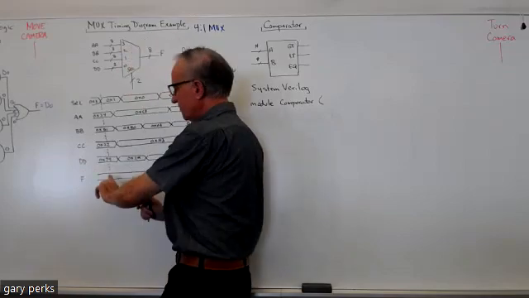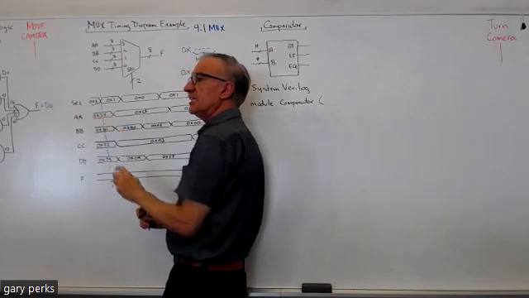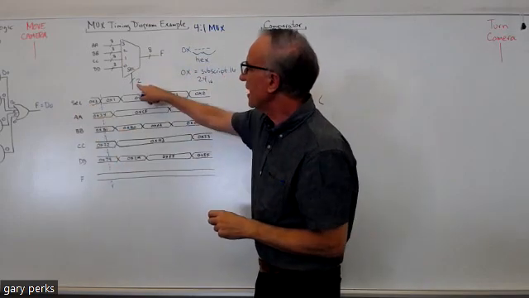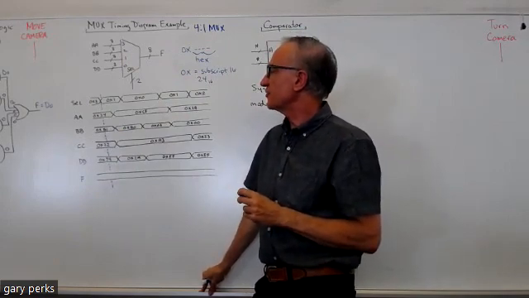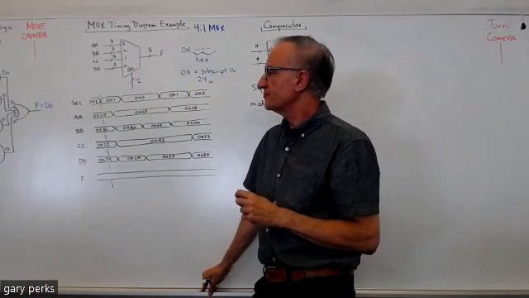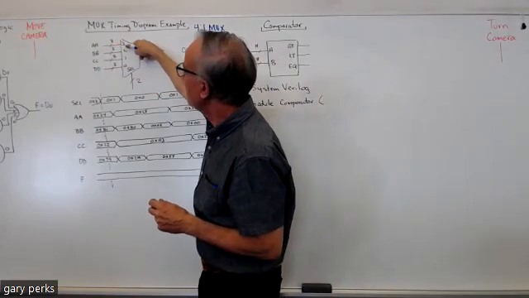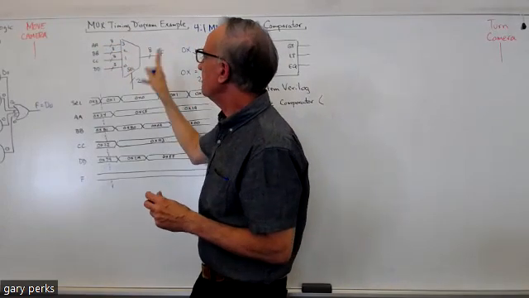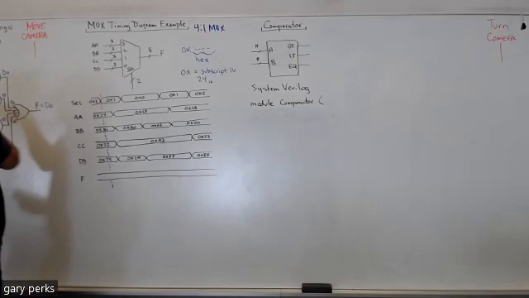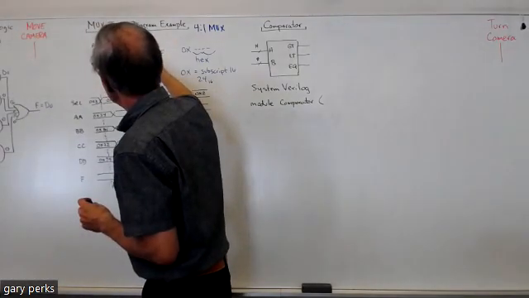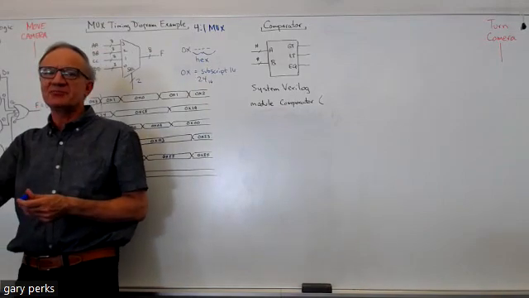On the left of this blue dashed line, the select input is a hex 3. That means our select is a 3. So what is F going to equal if the select is a 3? It's going to equal data AA, because data AA is connected to input 3. I did this on purpose: over here I labeled the inputs 0, 1, 2, 3, but here I labeled them 3, 2, 1, 0, because it doesn't matter what the order is, the operation's the same, right?